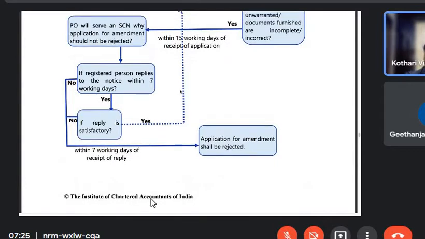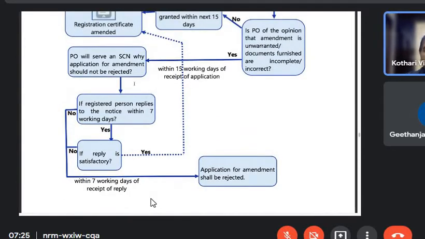If he has any doubt, then he can also send you a show cause notice why the application for amendment should not be rejected. So if the person replies within 7 working days, and if the reply is satisfactory, then the officer will approve it, else he will reject it.